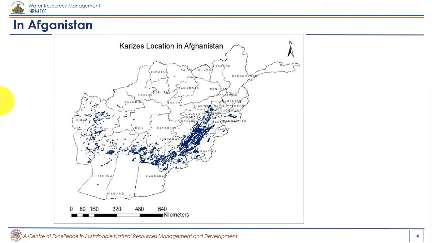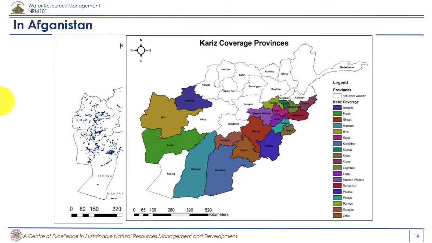In Afghanistan, these dots are the areas where Qanats or Karizes are located. You can see a huge number of provinces covered by the Kariz systems. The colored ones are the provinces in Afghanistan covered by Karizes or Qanats.